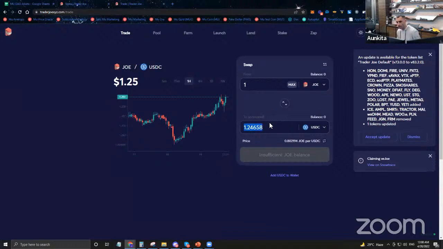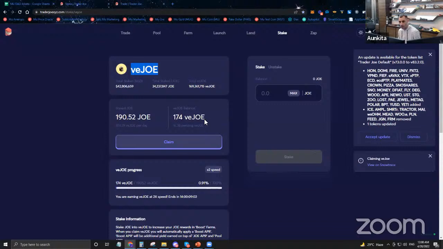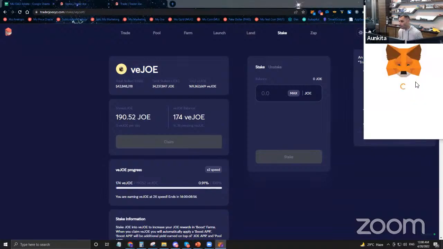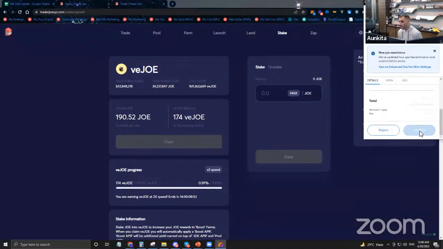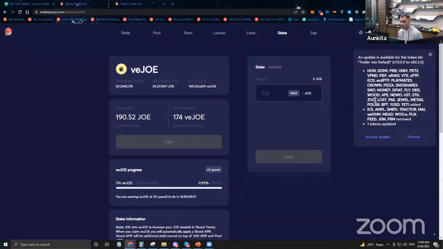So we can get $1.24 for one of them if we would like, or we could essentially stake Joe and basically give it to them and stake it. And for that, they will give us some additional rewards. And those rewards can be, in this instance, they're giving us a VJO token. So they're giving us another token.